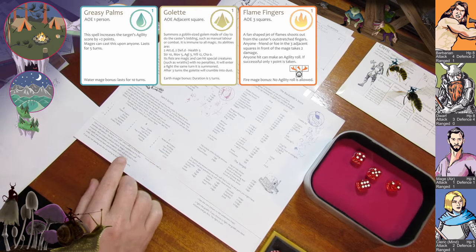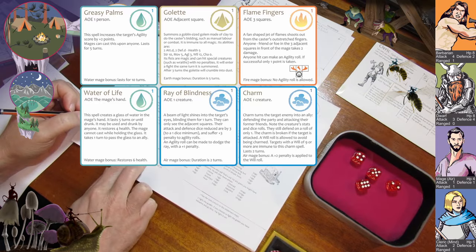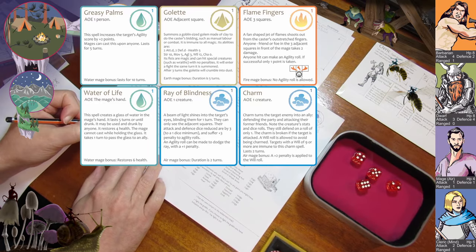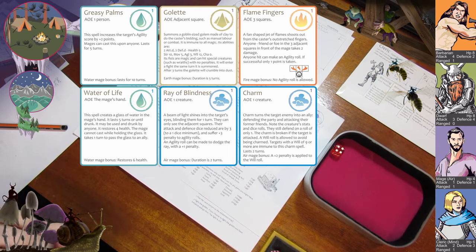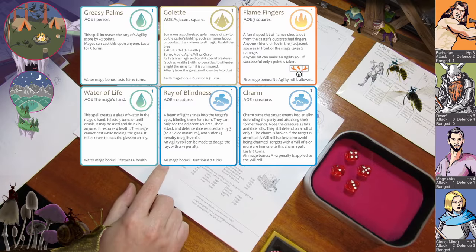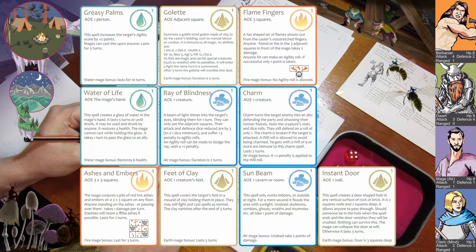In column B, he has a water of life scroll, a ray of blindness, nothing, and a charm. And in column C, he has a fire spell called Ashes and Embers, Feet of Clay, Sunbeam, and Instant Door.